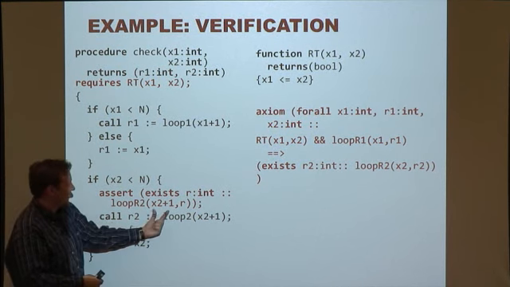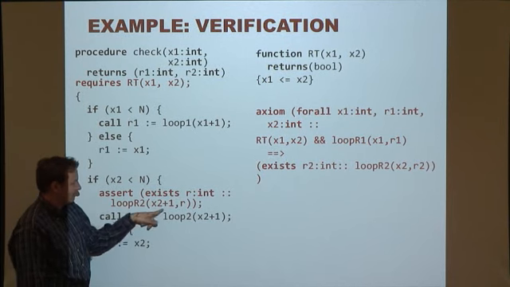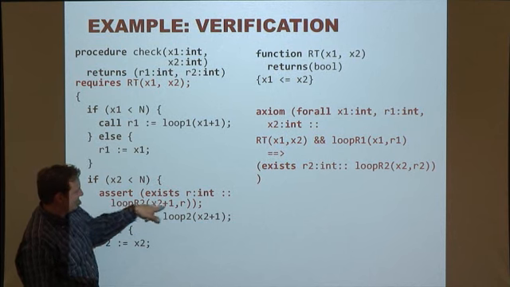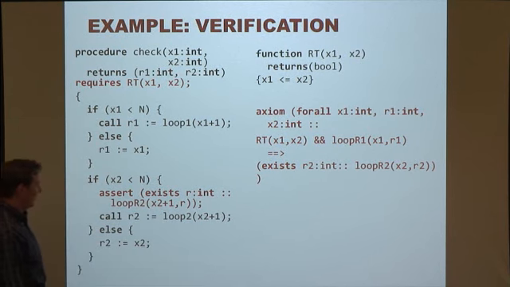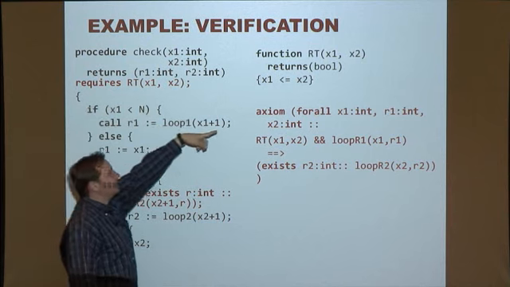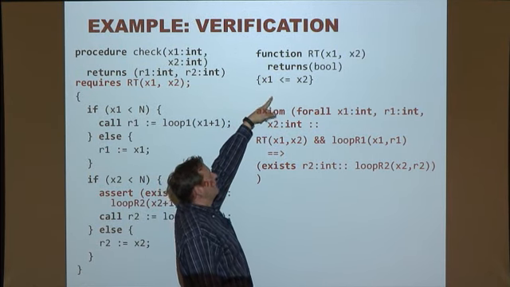Oh yeah, no, x2 plus 2, sorry. This is a typo. This should be the body of the second procedure, so it should be x2 plus 2. And you have to assume your relative termination condition. In this case, it's that x1 has to be less than or equal to x2.